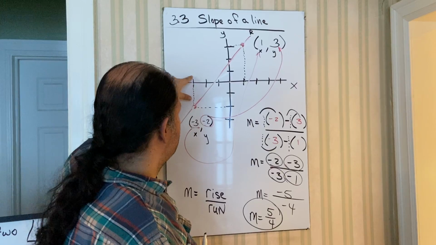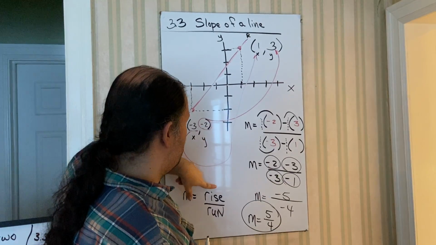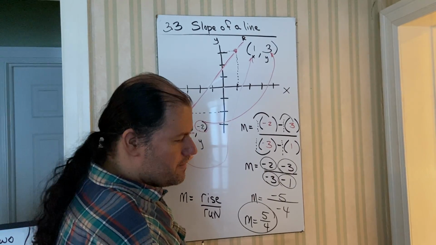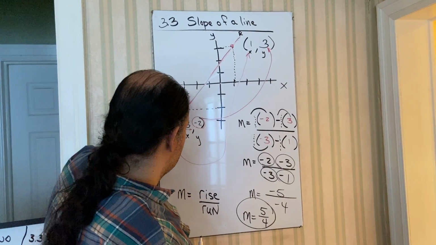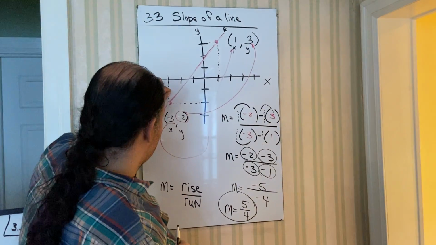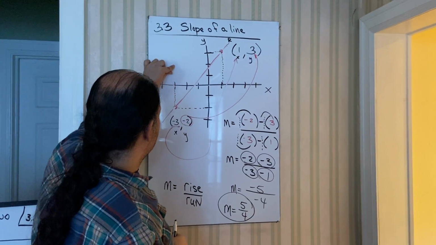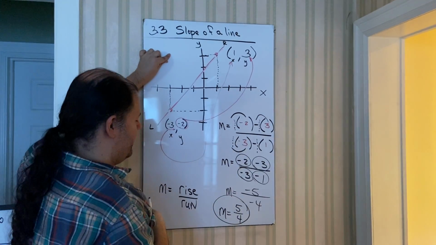If we're going to this point, notice my finger is going up. So when you go up, it's positive. If my finger was going down to get to the next point, then that'd be negative. So rise means kind of like a claw machine, going up or going down. So I went up. 1, 2, 3, 4, 5 to be parallel to this point.